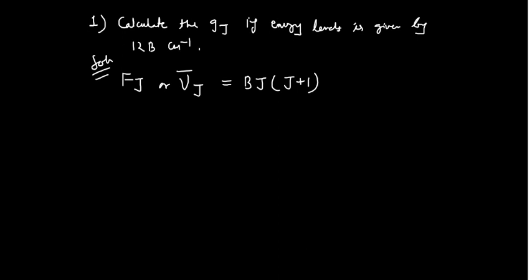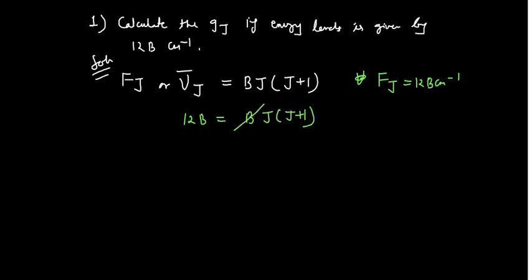Now if you want to solve this particular problem, what is given in the question? In the question it is given F_j or nu bar j, that is 12B centimeter inverse. So you can write straightforward here 12B, that will give you your B, and j you have to calculate, so you can write j times j plus 1.